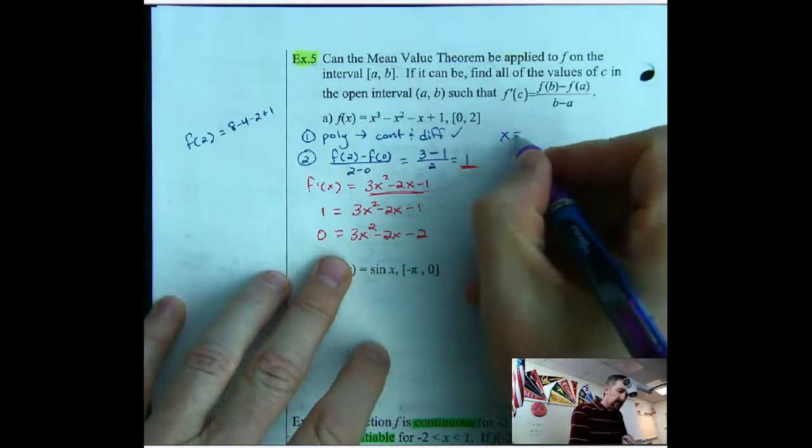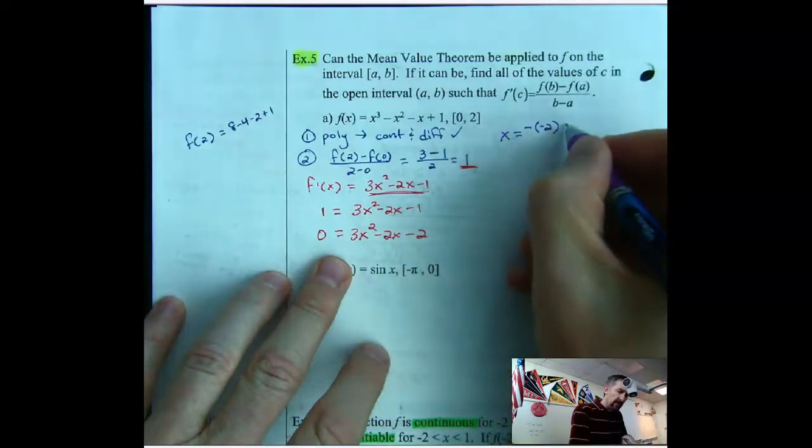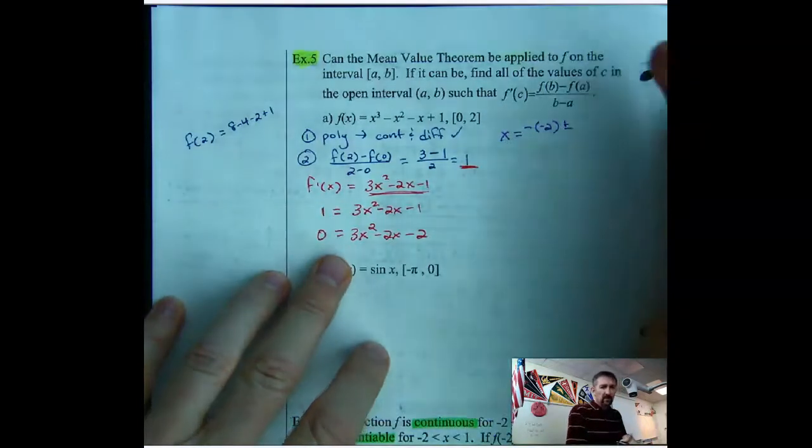So x equals the opposite of b. This would be a good place for you to pause and practice this just to make sure.